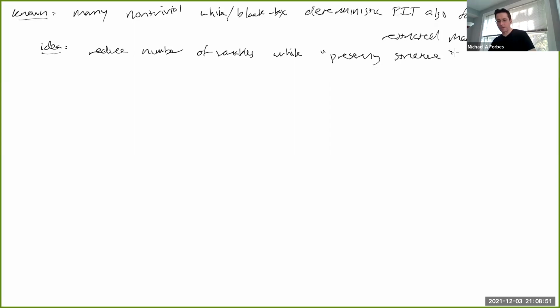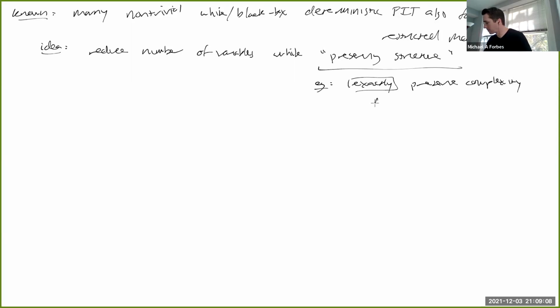Okay, and so what do I mean by preserving structure? One thing I would mean would be to exactly preserve the complexity measure gamma used in lower bound proofs.